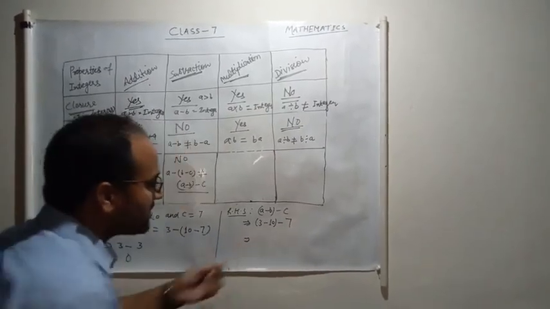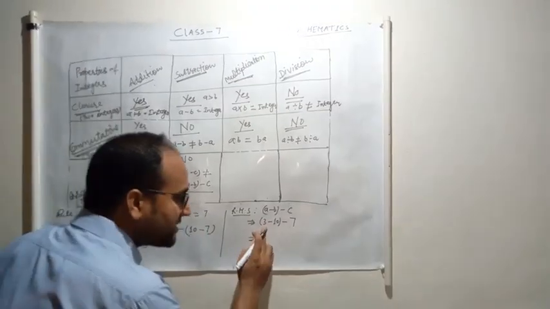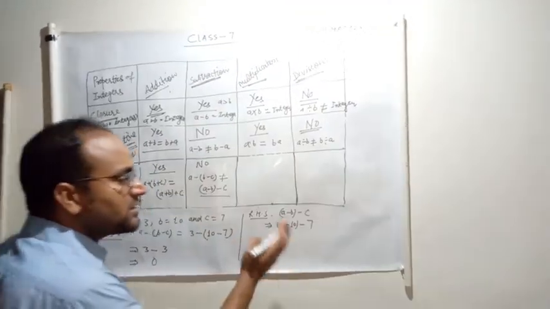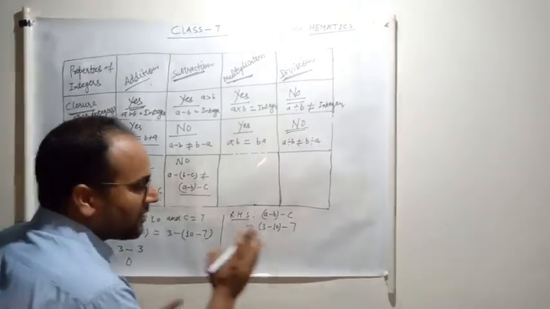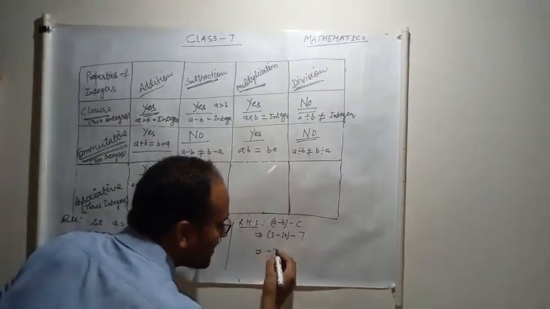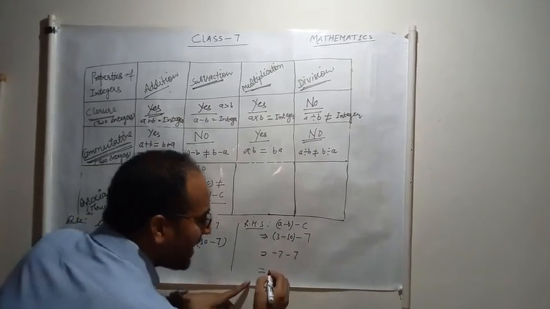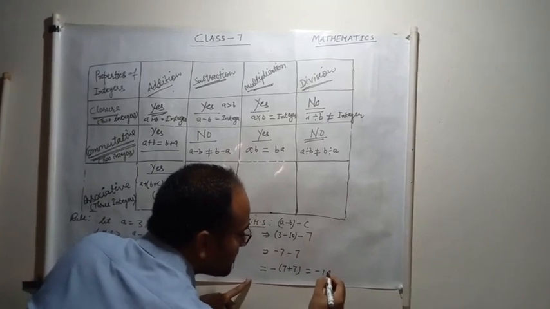See this one, students. 3 minus 10: one is positive, other is negative, so always subtract and put the sign of the greater value. I am repeating this. 3 minus 10, you will get minus 7, and here is also minus 7. Both are negatives, so we add the values and put the negative sign. So we get minus 14.